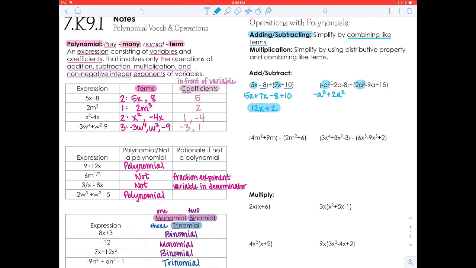Then I've got the a terms. So this positive 2a here. And then this negative 9a here. And yes, we are adding in the middle, but that's a negative 9. So adding a negative 9 is subtracting. Okay, and then finally our constants, negative 8 plus 15.